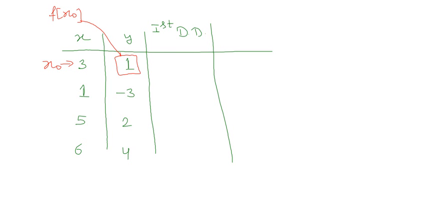So this is your f of x naught, which I will call f naught. This is f1, this is f2, this is f3.